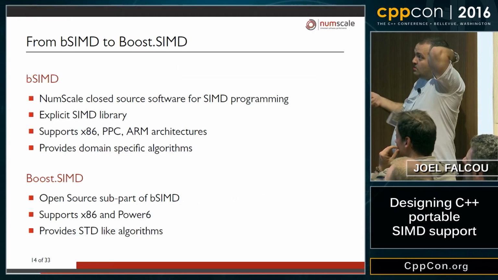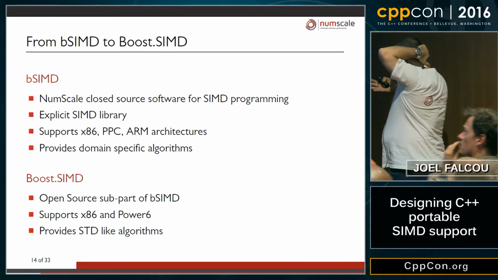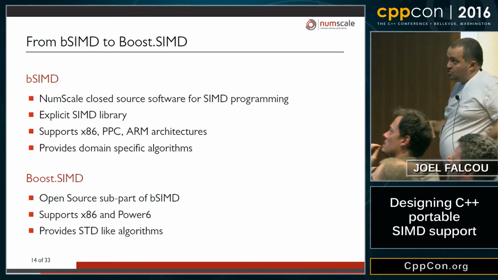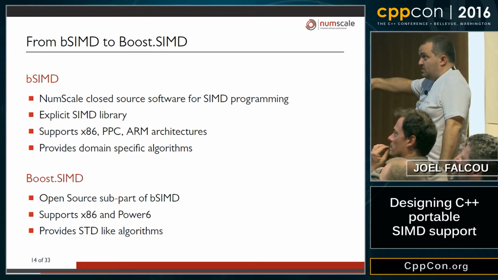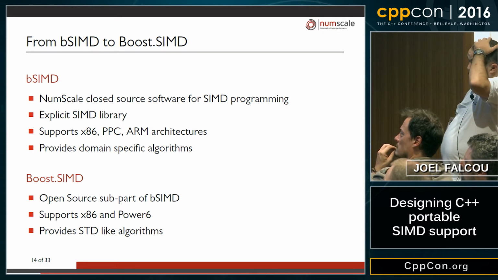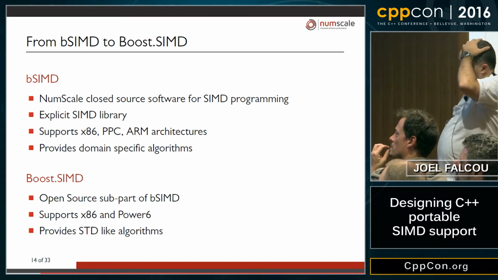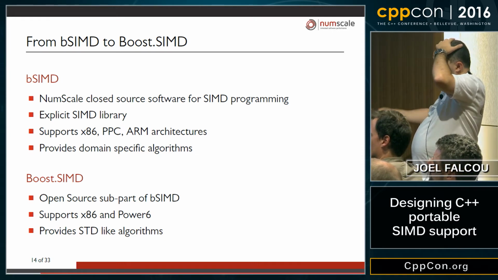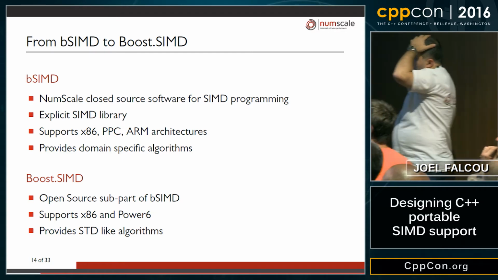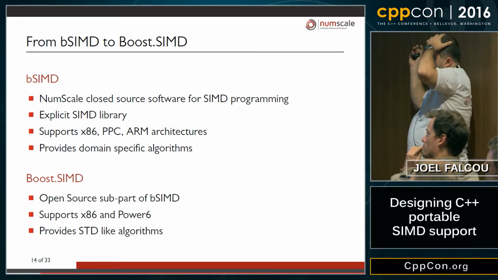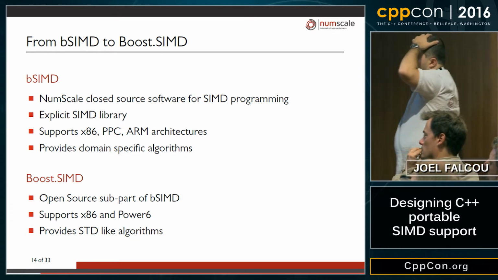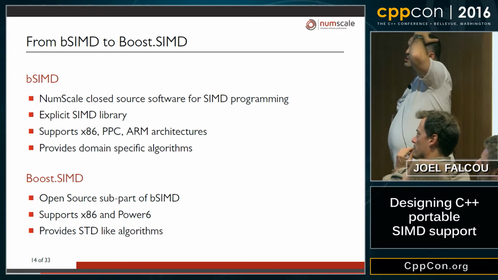What we actually did was build this SIMD programming library that we call BCMD, which is one of our closed source software. It is basically an explicit SIMD library that works on a bunch of architectures, x86, PPC, ARM, and we have some domain-specific algorithms which are pre-optimized. And we decided to take a bunch of this closed source software and turn it into an open source library, which is now BooSIMD.